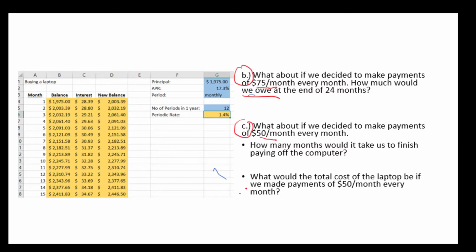And then what would the total cost be for the laptop if we made payments of $50 a month every month?